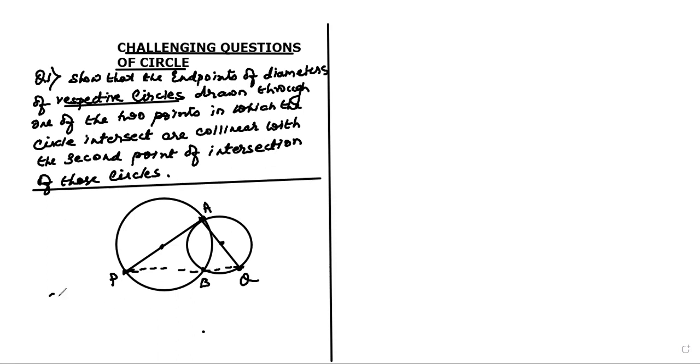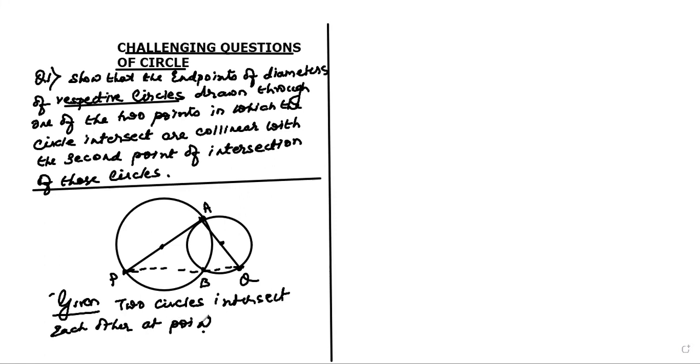When we draw the diagram, it becomes necessary for us to write the given. So what is the given information, children? Two circles intersect each other at points A and B. From one of the points of intersection, A, diameters are drawn.